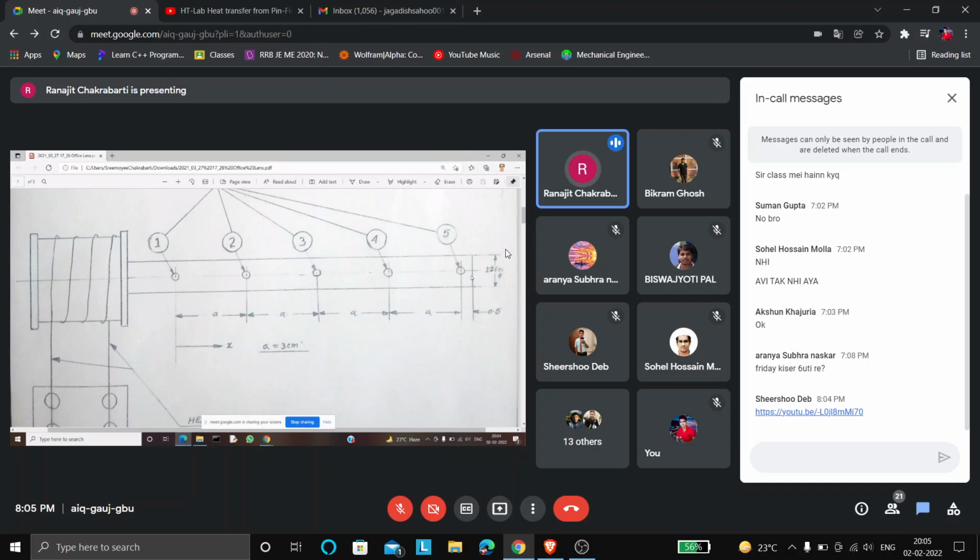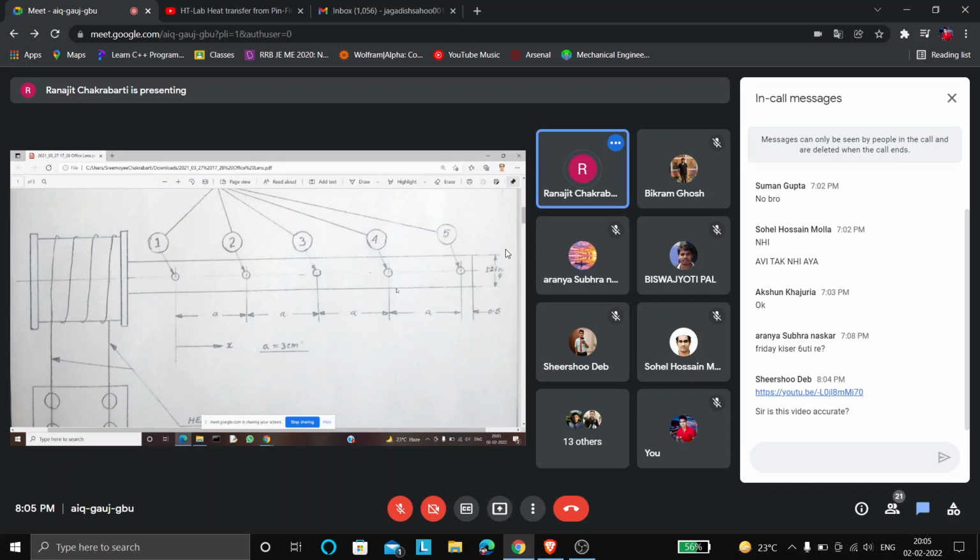That is the second type. The third is where we consider a very long fin. And there is another where the entire heat entering through the fin base goes to the surrounding fluid by convection from the external surface. So these 4 boundary conditions are there. Out of that, we have considered only 1, so our experiment is based on this 1 boundary condition.